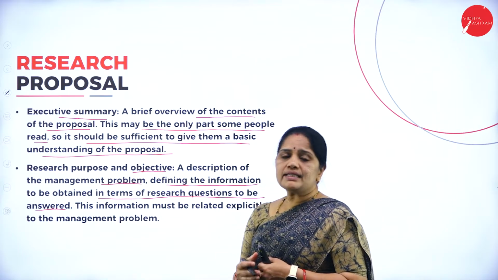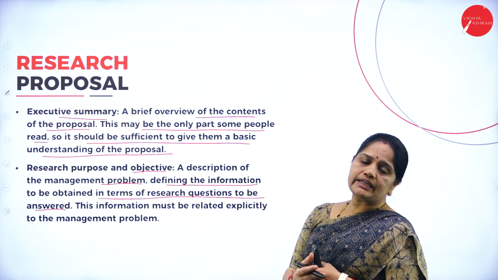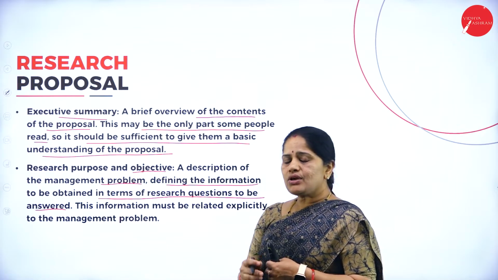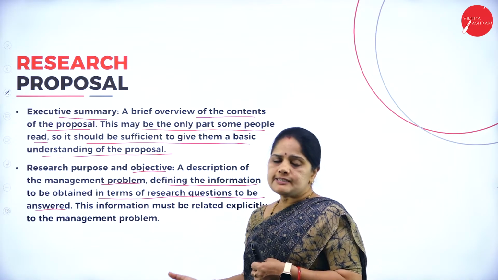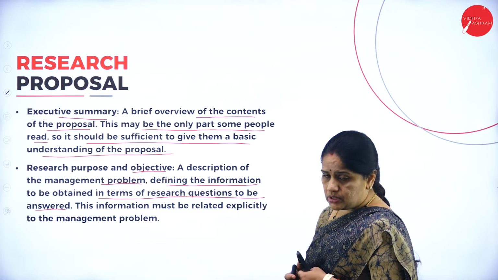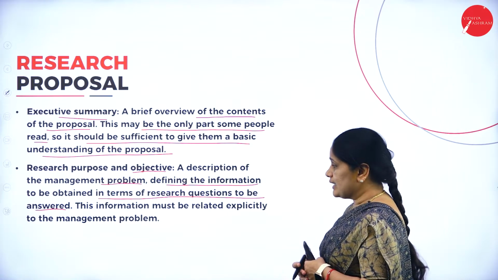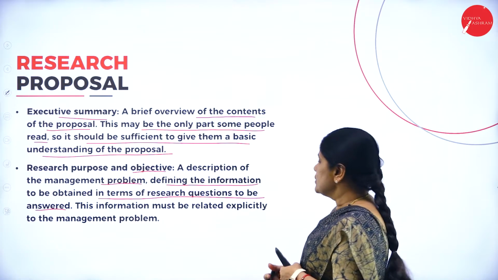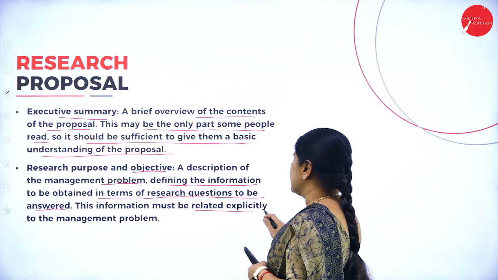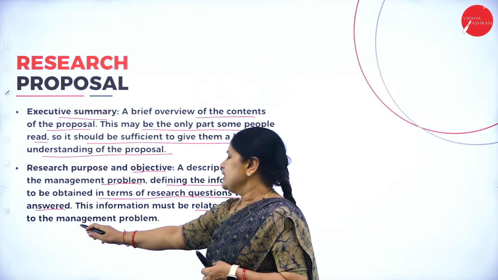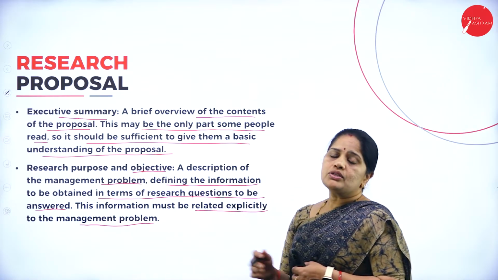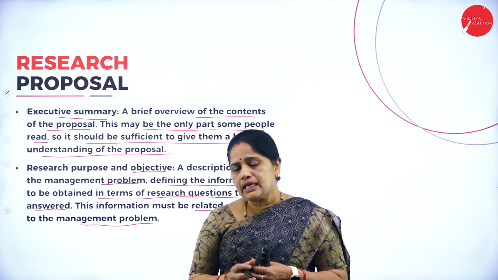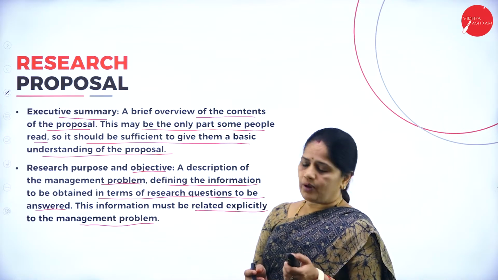Defining the information to be obtained: based on the type of problem, you decide what areas and sources of information you need, and then what research questions to ask. This information must be related explicitly to the management problem. So whatever questions you are asking, they should be relevant to the problem.